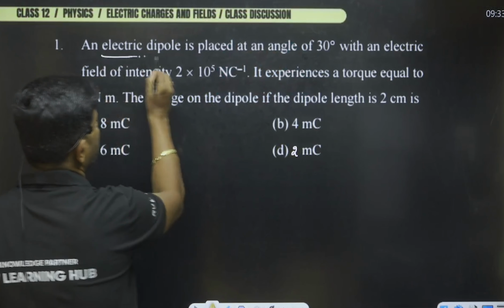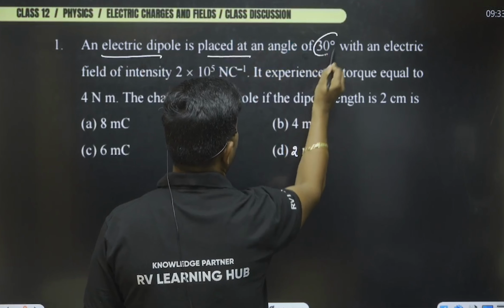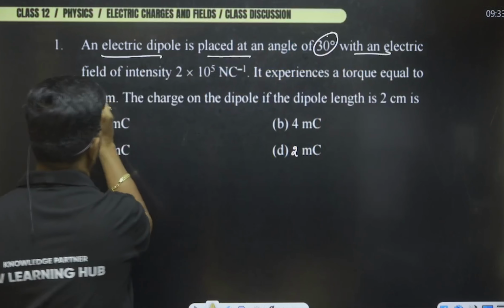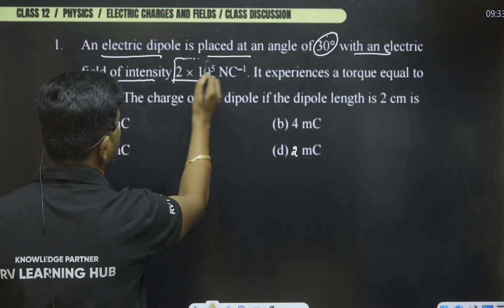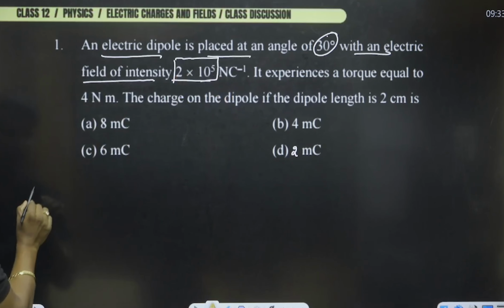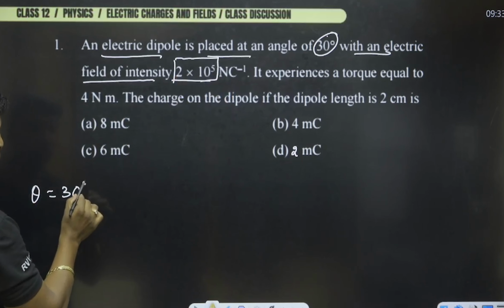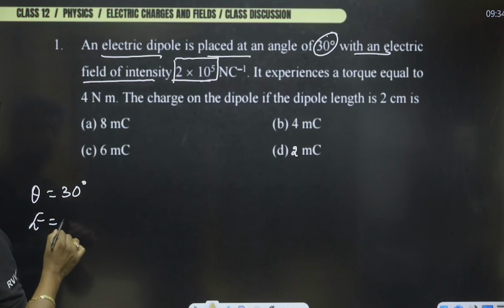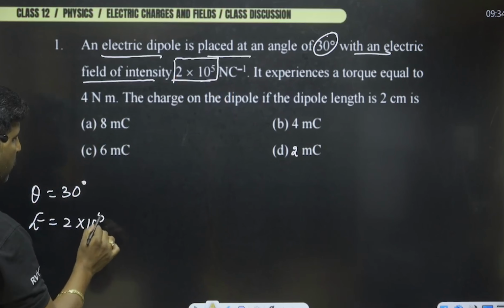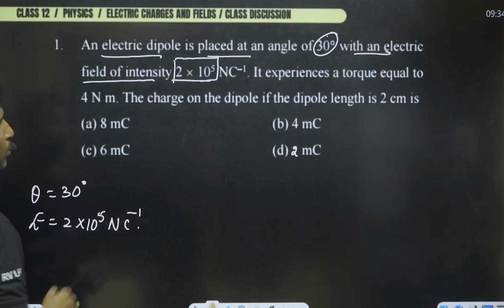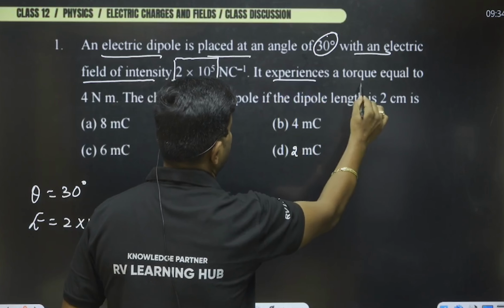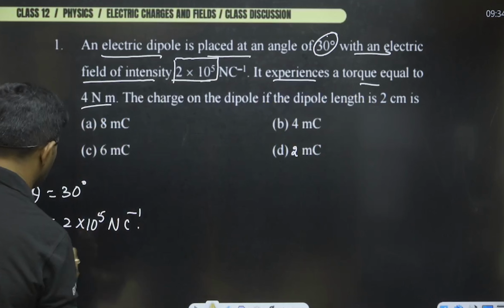An electric dipole is placed at an angle of 30 degrees with an electric field of intensity 2 into 10 to the power of 5 Newton per coulomb. So see here, theta is equal to 30 degrees, electric field is equal to 2 into 10 to the power of 5 Newton per coulomb. It experiences a torque equal to 4 Newton meter.